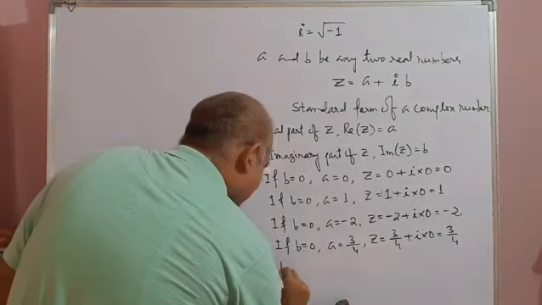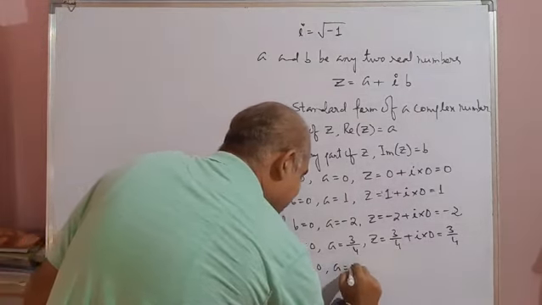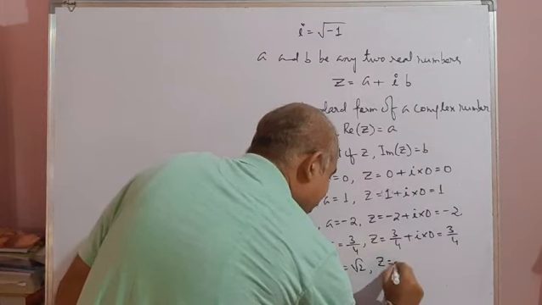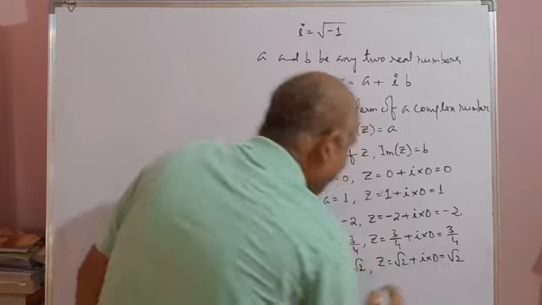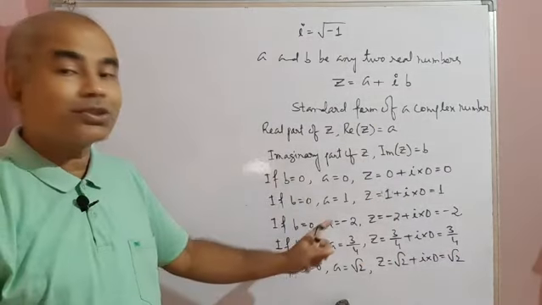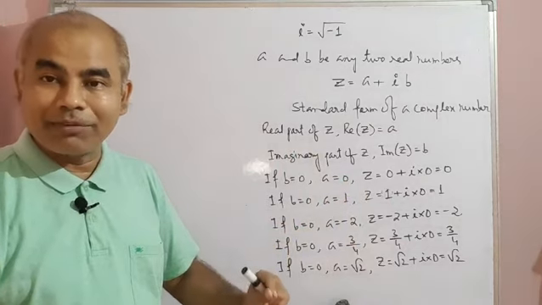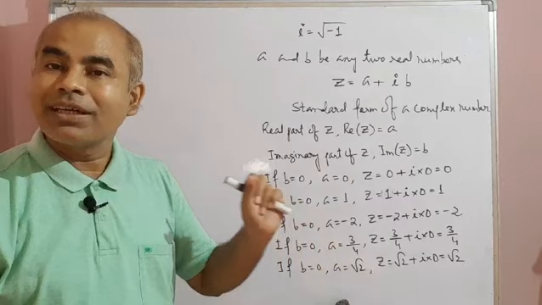Next, suppose I take b equal to 0 and a equal to, say, root 2. Then z equals root 2 plus i into 0, that is root 2. So I can write an irrational number also in the form a plus ib, so an irrational number is also a complex number.